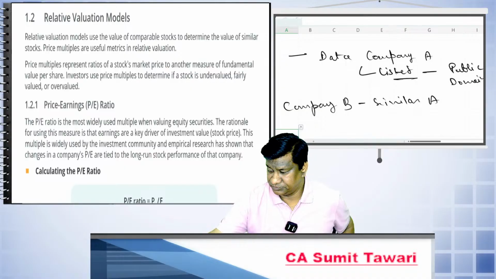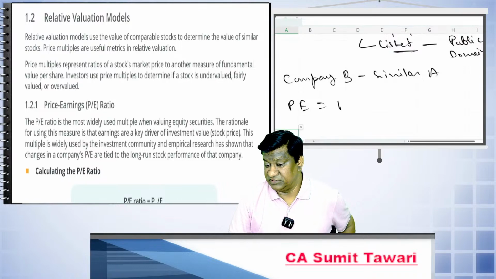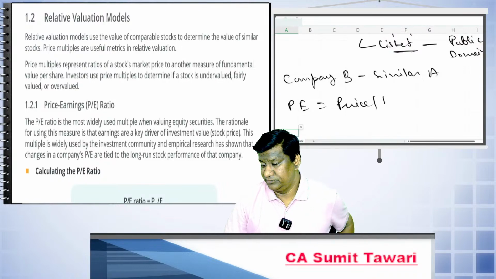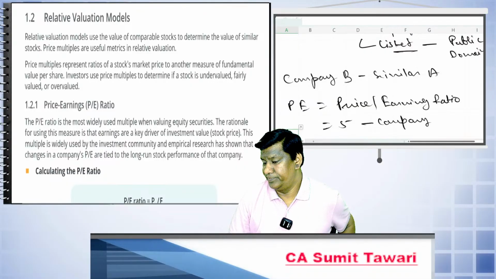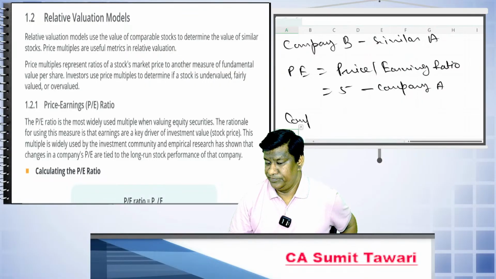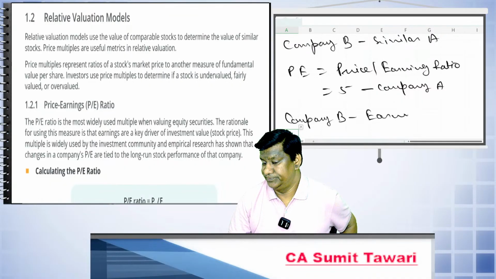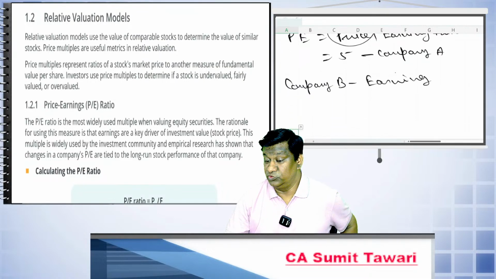Say the PE ratio, means price earning ratio, is 5 for company A. Company B, they know their earning, but they don't know the price. So how are they going to calculate? They will use this market data.